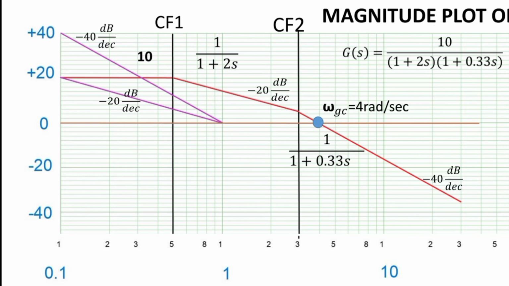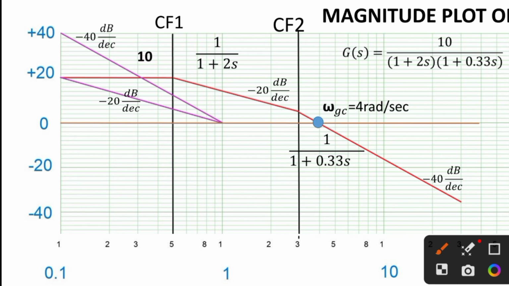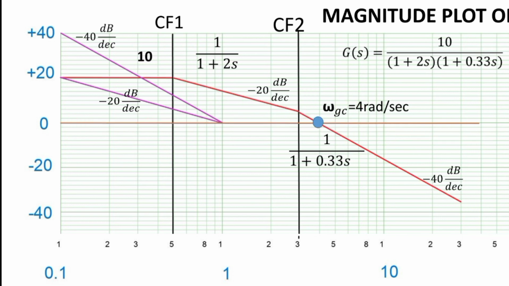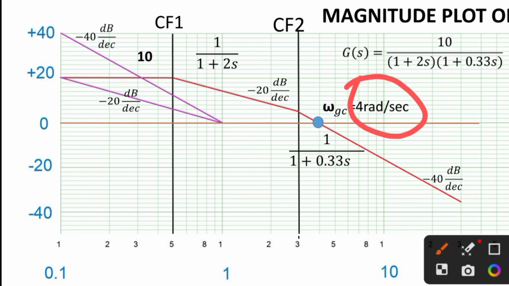I hope this magnitude plot is easy for you, and we found omega gc, the gain crossover frequency, as 4 radian per second, because this magnitude plot is crossing 0 dB at the frequency omega gc. This is the gain crossover frequency, which is 4 radian per second.